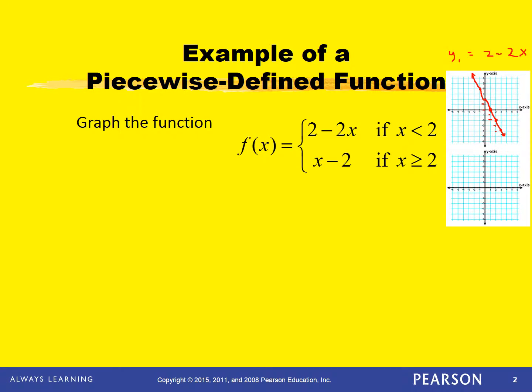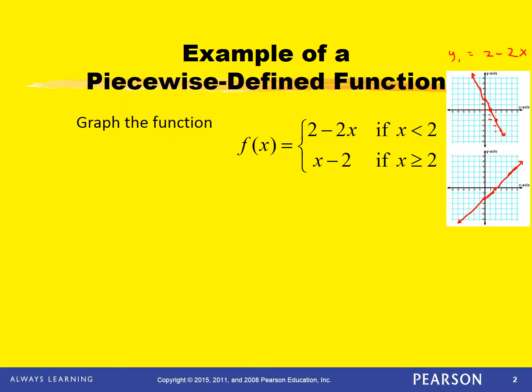For the bottom rule, it would be a y-intercept of negative 2, a slope of 1, and we would have a graph like this, as we rise 1, run 1, rise 1, run 1, or rise negative 1, run negative 1, to get a graph like that.